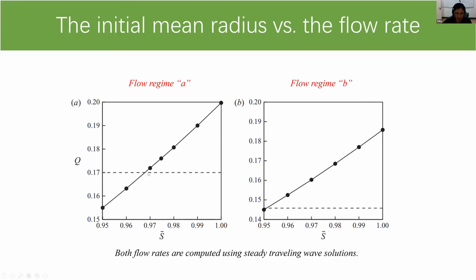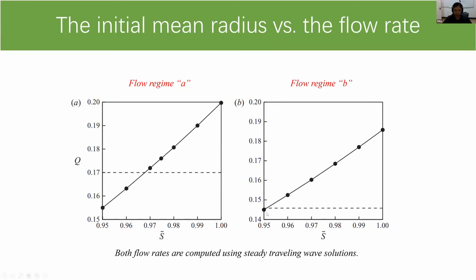The dash line indicates the experimental flow rate in flow region A. So this is the direct evidence that we can't set the initial mean radius to be 1, but we should adjust the value to be about 0.97.